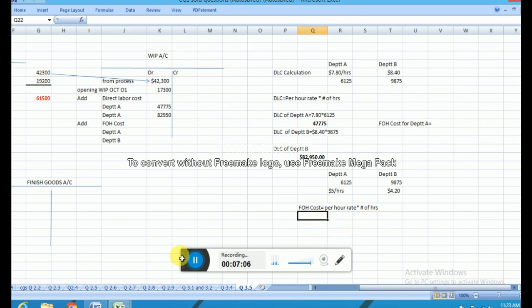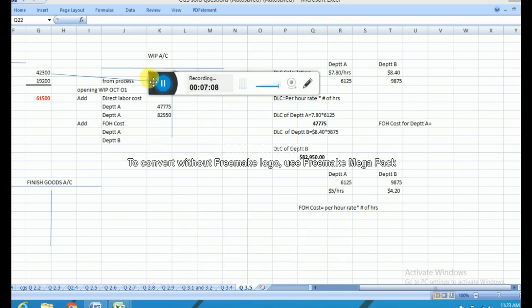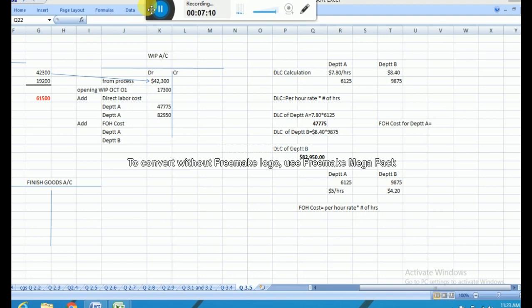Now we have two departments, so for department A we will find the factory overhead cost, and for department B we will also find the factory overhead cost separately.